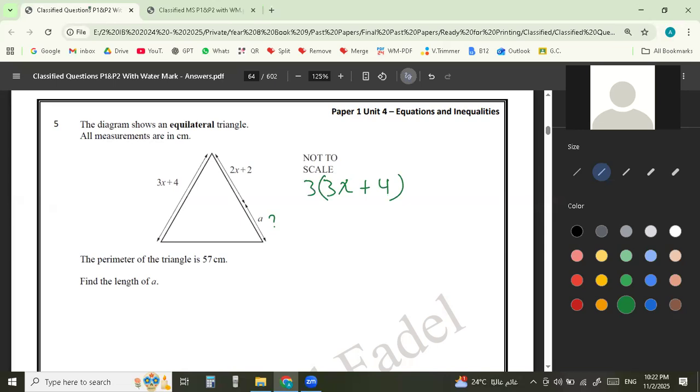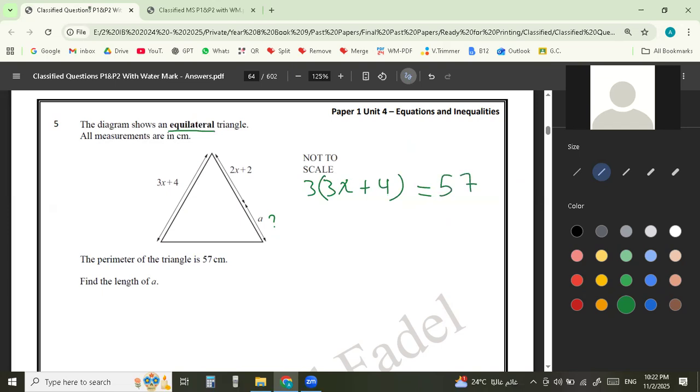Why, mister? Didn't they say that the three sides are equal? Well, they said that it's an equilateral triangle. The three sides are equal. Yeah, and if I take 3x plus 4 plus 3x plus 4 plus 3x plus 4, or 3x plus 4 times 3, it is going to give you the perimeter. What is the perimeter? It is 57.